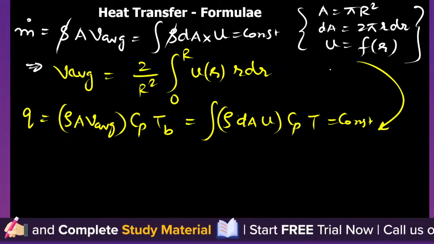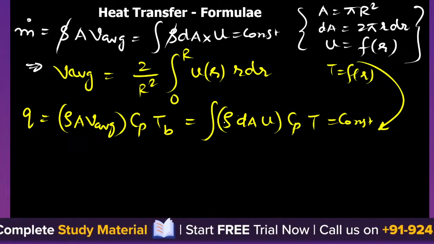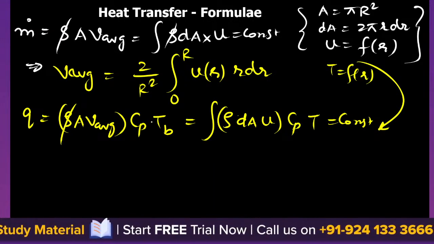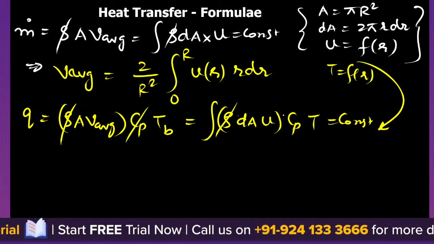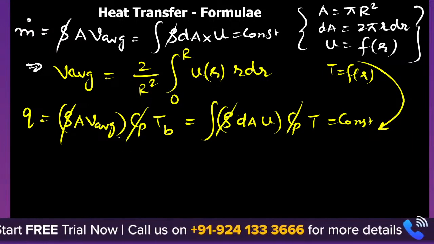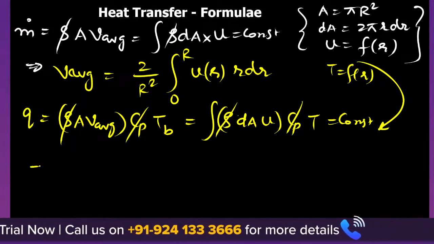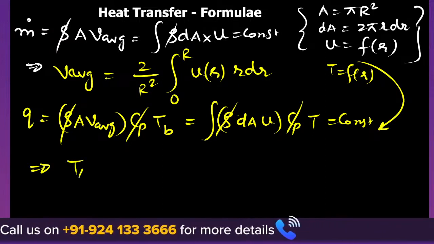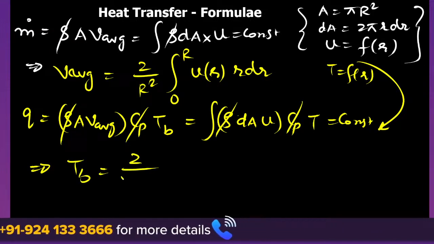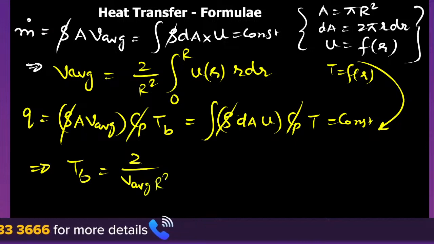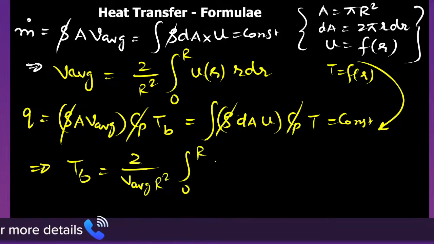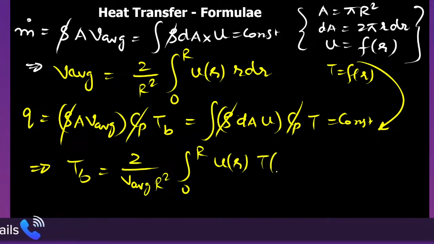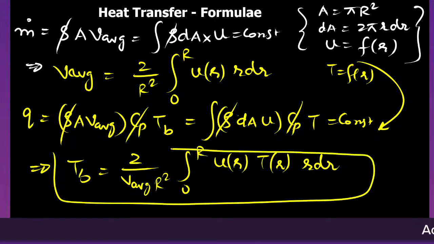T is also a function of R. If you put the values, density gets cancelled out, Cp and Cp get cancelled out, since the rate of heat flow must remain constant at the section. So from here we can define Tb is equal to 2 by V average into R square, integration of 0 to R, U into T into R dr. That is called the bulk mean temperature at a particular section.